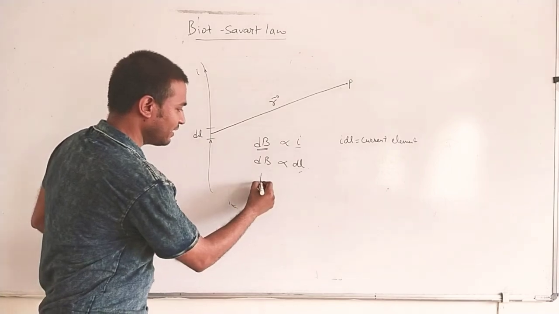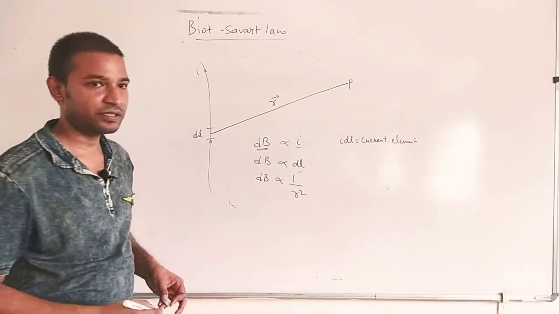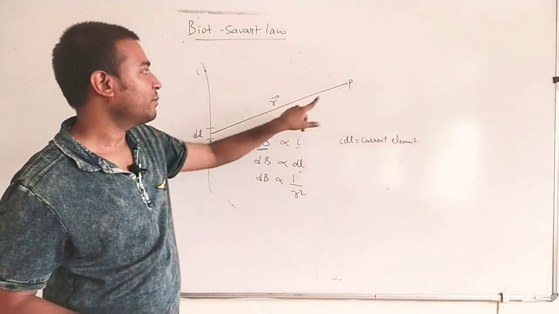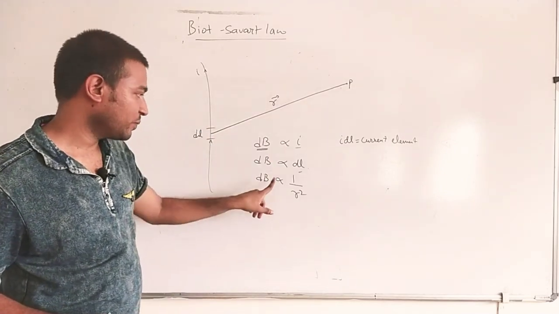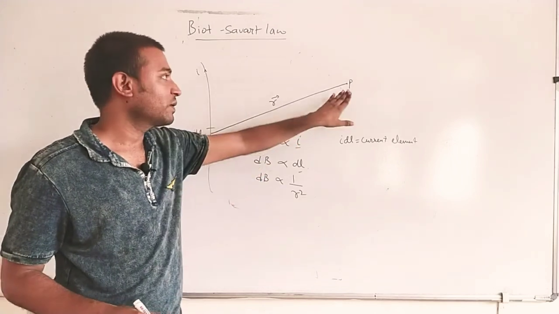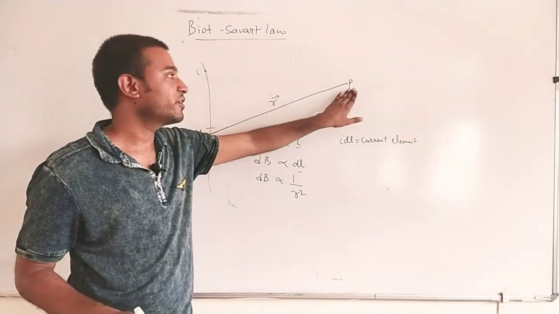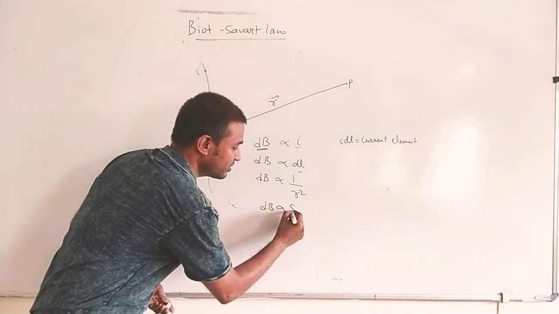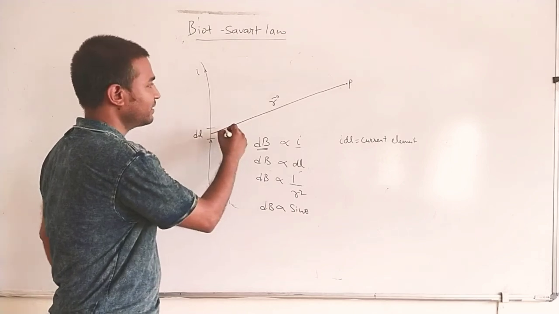Next, dB is inversely proportional to the square of the distance between the length dl and the point P where we have to find the magnetic field. So dB is proportional to 1 by r square. It means that if the distance is more, the magnetic field will be less; if the distance is less, the magnetic field will be more. And dB is also proportional to sine theta. What is theta?